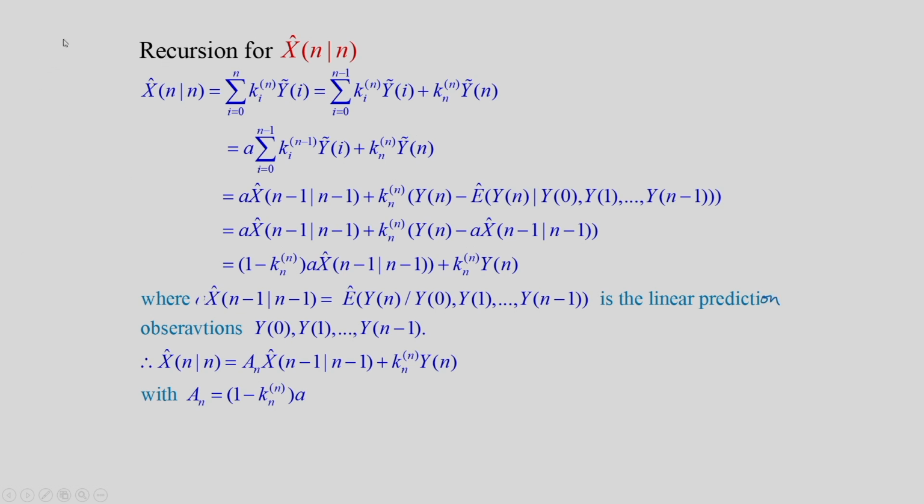Or we can write it like this: a times x̂(n-1|n-1), the previous estimator, plus the Kalman gain times the prediction error. This part is the prediction error.